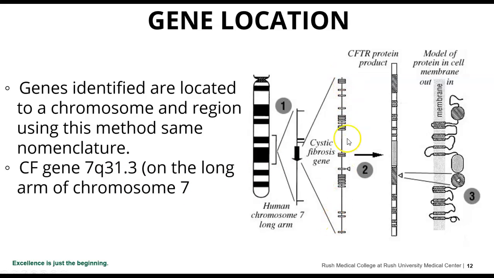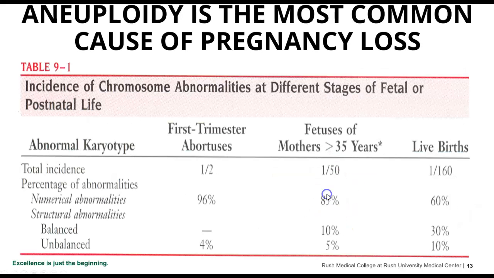And here's our little piece, here's our gene that codes for a protein that sits in the cell membrane and transports chloride. So we use the same kind of nomenclature, the same P and Q arm, because the original genes were located using linkage analysis. We do a different method now. I'm just giving you the historical perspective.